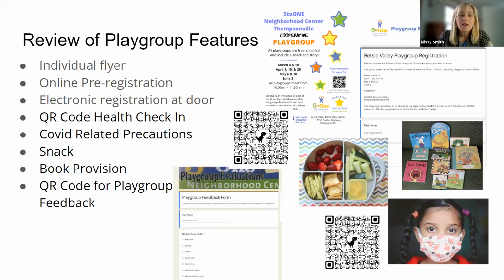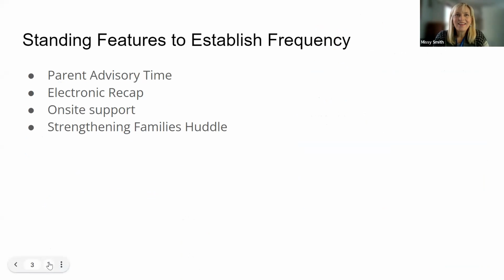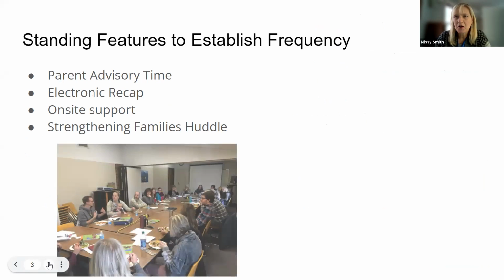So those are the features that we're going to get back to doing, and then the standing features. We want to address the frequency at which these features will happen. Parent advisory time, you'll recall, is the time the parents come together. Some of you, like Grow Benzies, had a parent advisory separate from playgroup, over dinner one night twice a year.